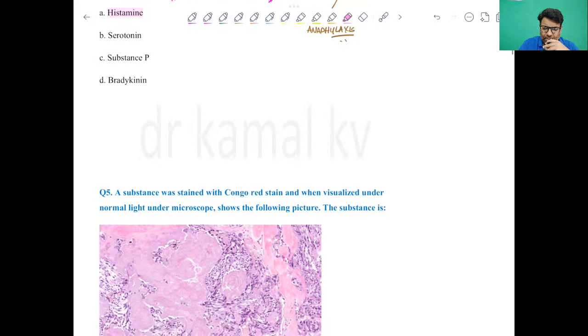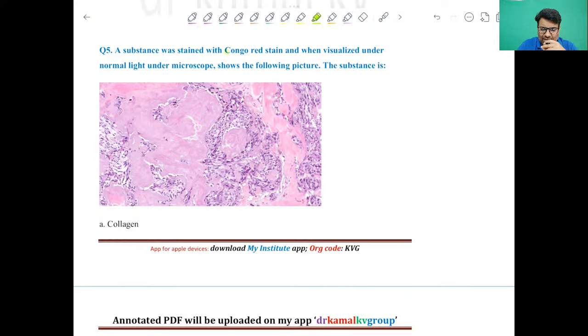The next question: a substance was stained with Congo red, and then it was visualized under normal light under the microscope. So Congo red staining visualized under normal light, and this is the classical picture of that tissue. Now what we can see here: Congo red, light microscopy, pink appearance.